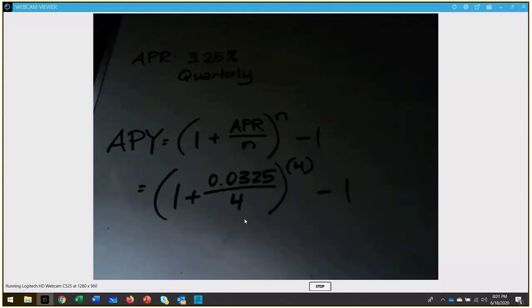So open up parentheses, then 1 plus 0.0325 divided by 4, close the parentheses, hit your exponent key, and put a 4 in.